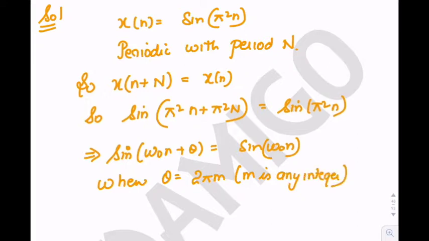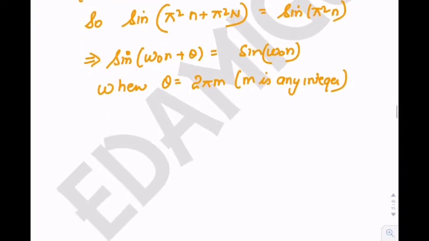One more important point here is that x[n], that is a discrete signal, is periodic with period capital N, and the condition is that N has to be an integer, because it's a discrete signal.